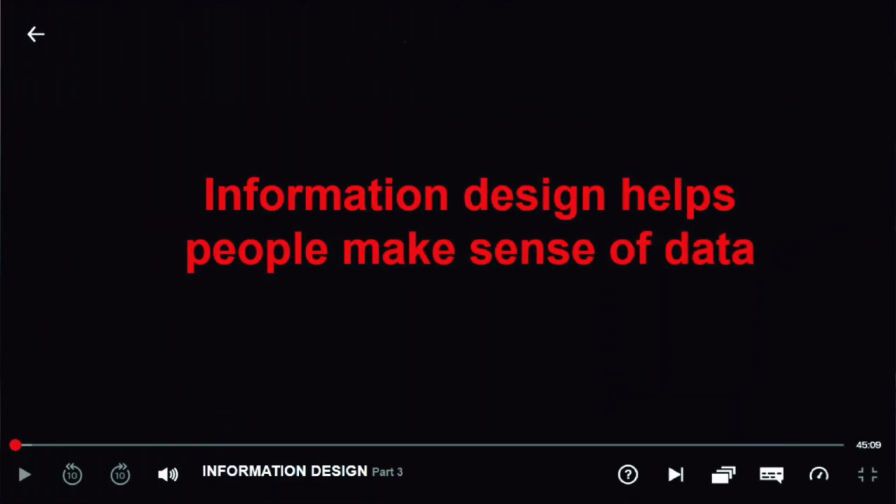So, information design helps people make sense of data. Data describes figures and facts. It may consist of one entry or a collection of different values. Knowing that when we say data, it can be described as raw, unorganized facts which need to be processed.